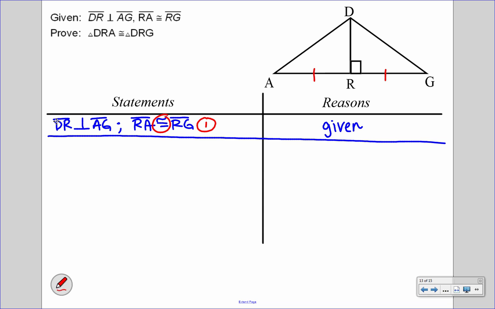So let's look at these perpendicular lines. Perpendicular lines give us right angles. Right there, we have 2 right angles. So what we have to do is we have to do this in 2 steps. We have to state that angle ARD and angle GRD are right angles because of the definition of perpendicular lines.